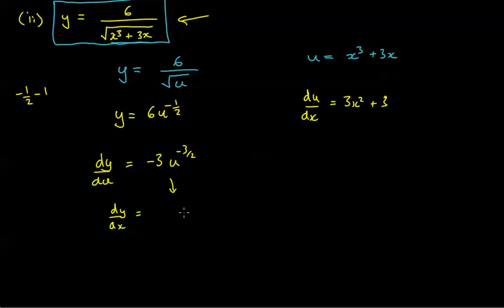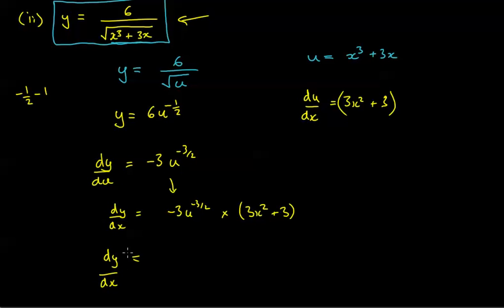Minus 3u to the power minus 3 over 2 times, I'd have to stick this in a bracket, by the way, 3x squared plus 3. Okay, and that's the derivative function, but remember, we want the derivative function entirely in terms of x.